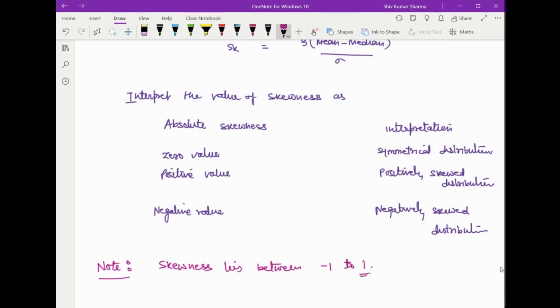When you solve the problem, the value should lie between -1 to +1. Otherwise, your calculation is wrong. You have to check the calculation in each case, that is, for Karl Pearson's coefficient of skewness, Bowley's coefficient of skewness, and Kelly's coefficient of skewness. In each case, the value should lie between -1 to +1.